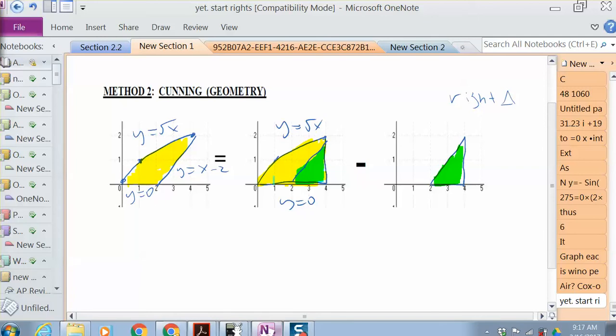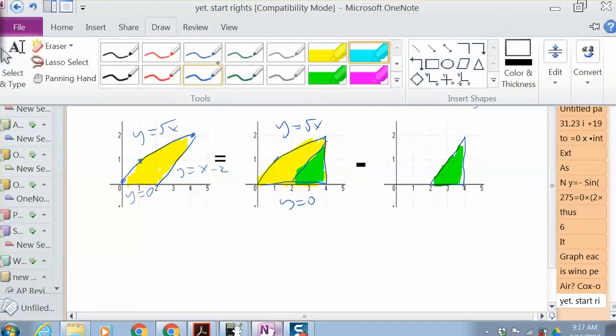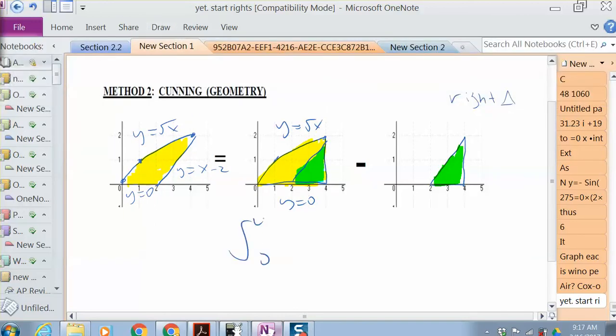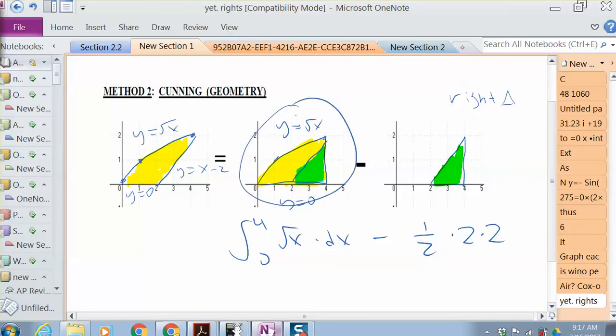So basically, if you integrate from 0 to 4 of root x times dx minus the area of the right triangle, you'll still get the same answer. So basically what you're doing is you're taking the region with just root x over here and pulling out that right triangle. It happened to work out very nicely. That would get us what we're looking for.